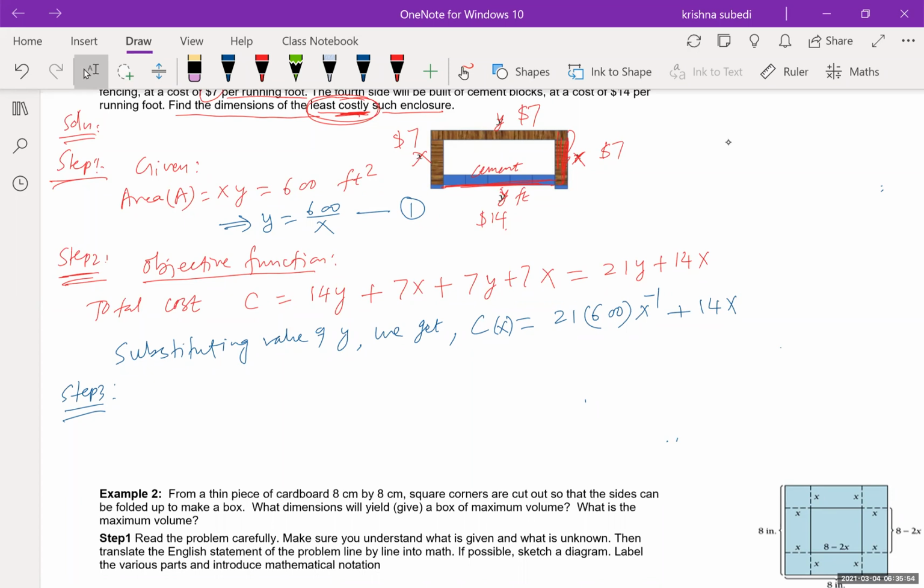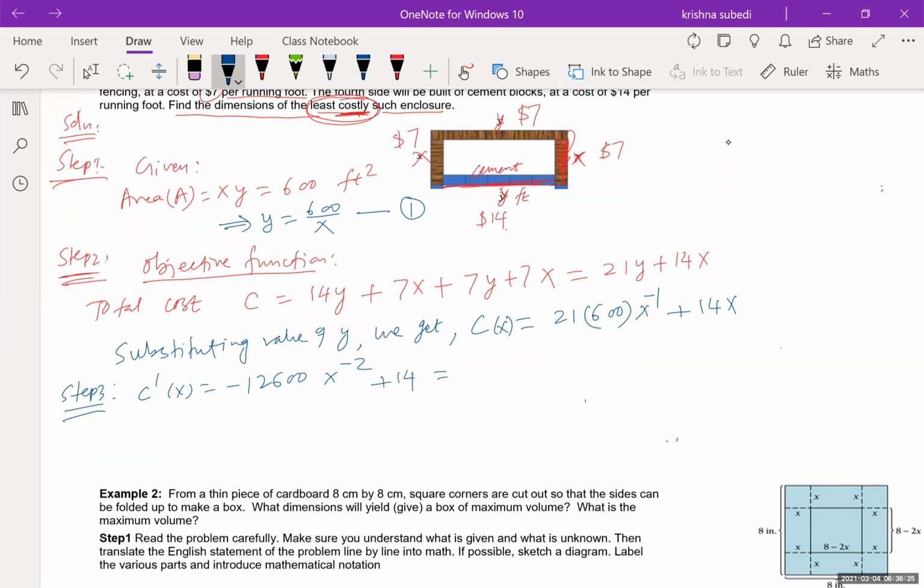So we find the derivative, which gives me negative 21 times 600, which is 12,600, because 21 times 6 is 126, over x to the -2, and then plus 14.